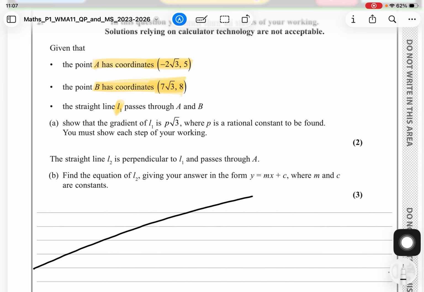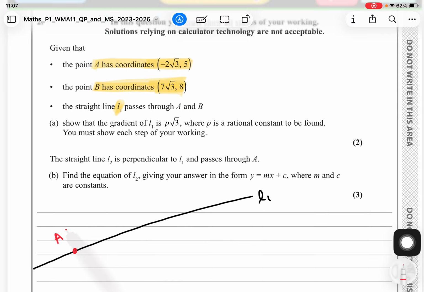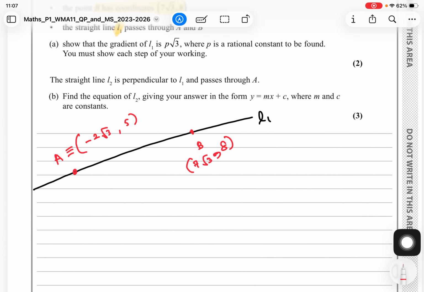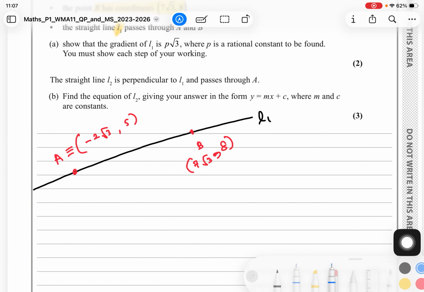If this is the straight line L1, we have a point A with coordinate negative 2 root 3 comma 5 and a point B which is 7 root 3 comma 8. We know the gradient is the change in y divided by the change in x.